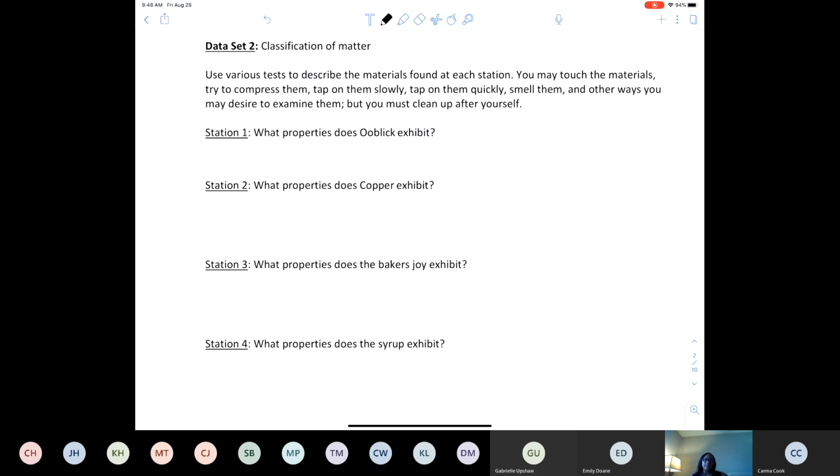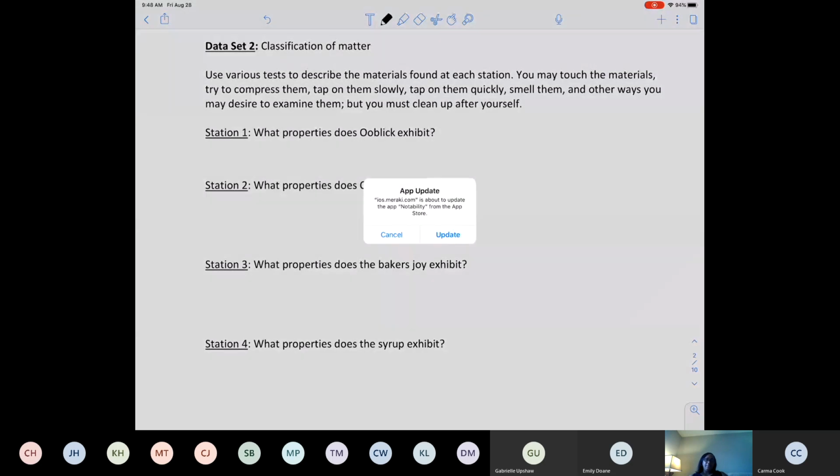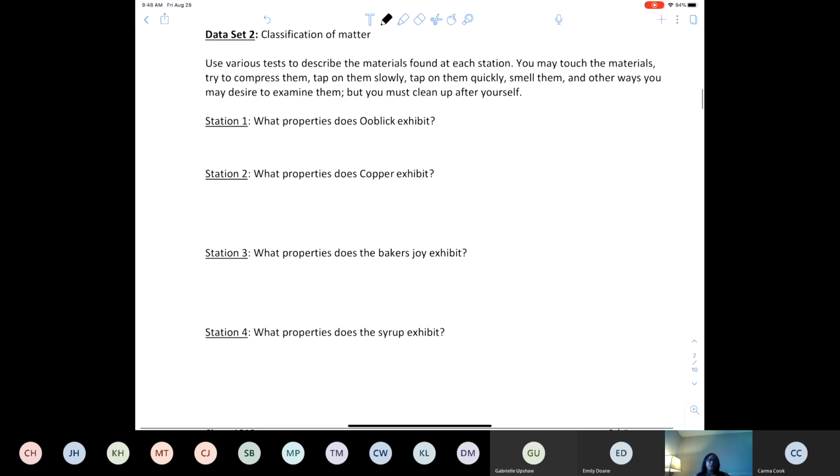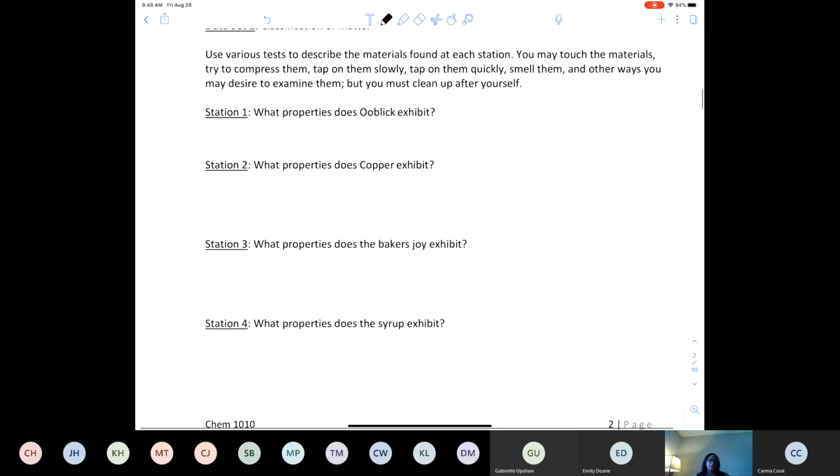And you'll see me touching the substances and also examining them based on whether or not they're compressible, whether or not they can hold their own shape, and so forth. And so there are going to be 10 substances that you'll view in the data set 2 videos.